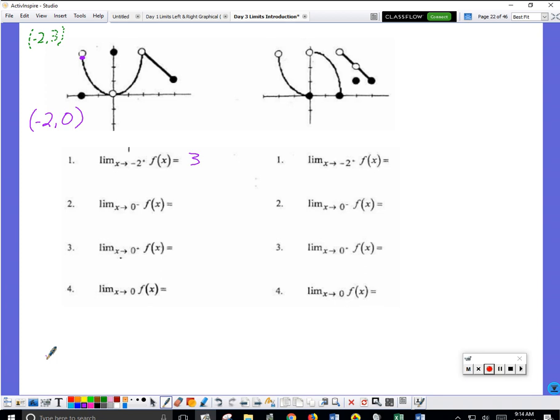For these two, I pick an x coordinate that is close to 0, but slightly to the left. So I'm picking, say, this x coordinate. The y coordinate there is about 1/2. I pick an x coordinate that is closer to 0, and then closer to 0, and then closer. So I am zooming in on this area.